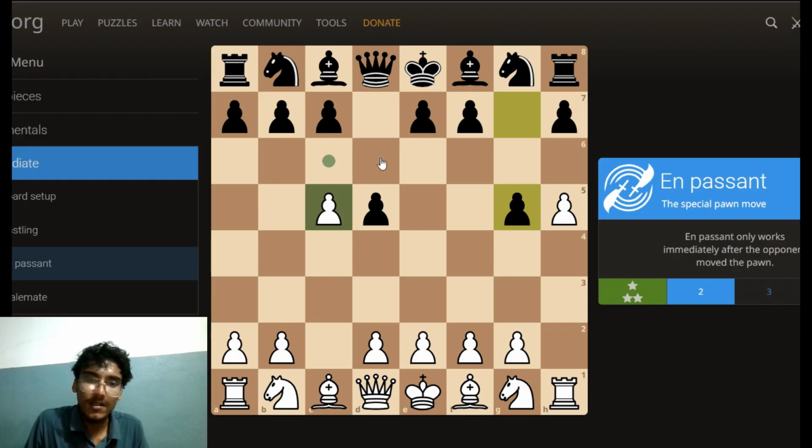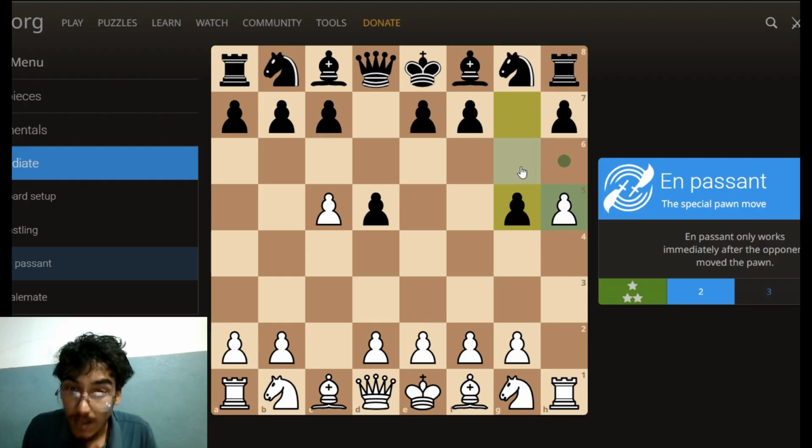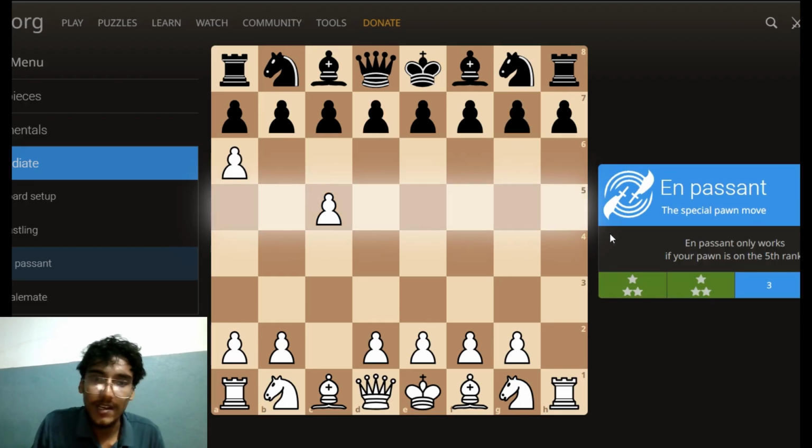Look at the options, it doesn't show anything here because it was moved previously. At this instant the G pawn was moved, so we can capture it. Look at the options. We can either move forward or capture this piece with this special rule called en passant.